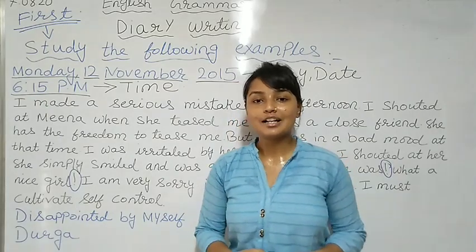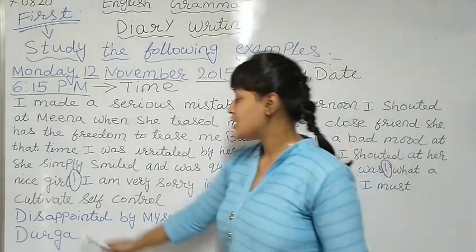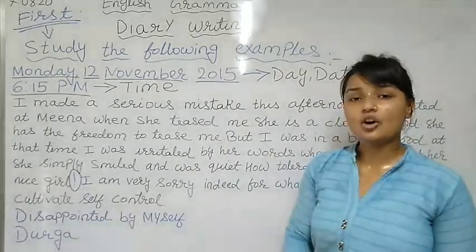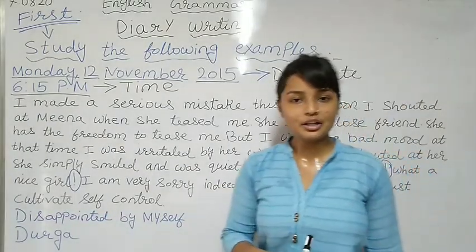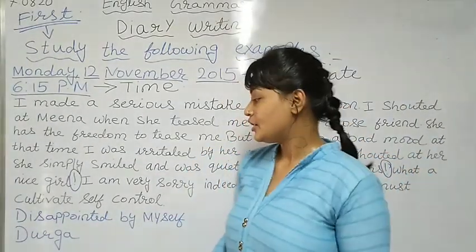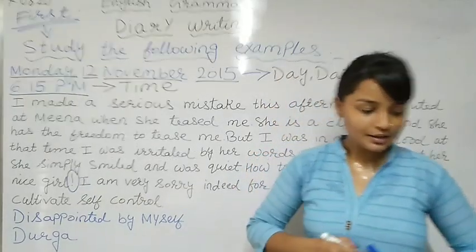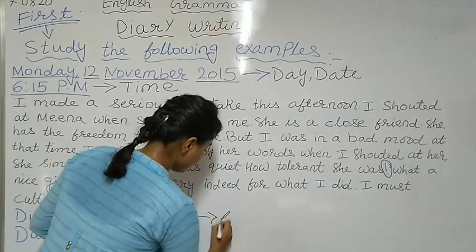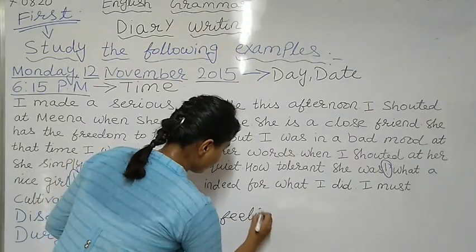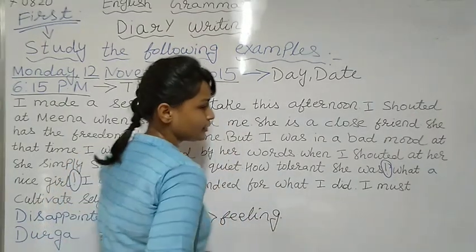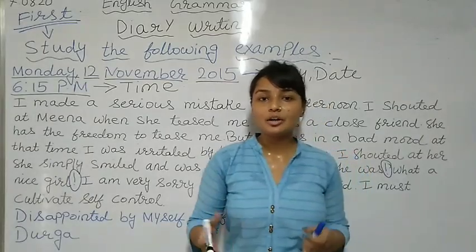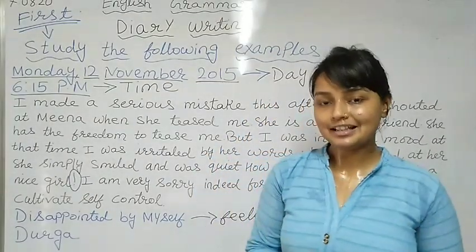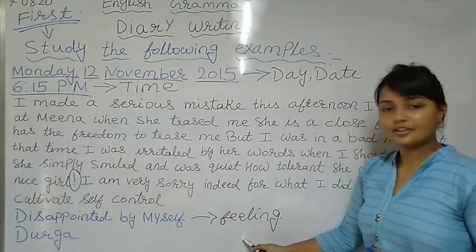So you have to write this one also, that disappointed by myself. Obviously, वो अपने से disappointed थी, right? So you have to write this as a feeling. Feeling, students, right? What type of feeling you are absorbing at that time? So you have to write the feeling.